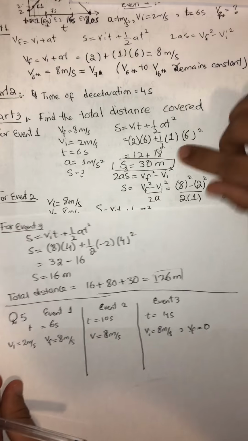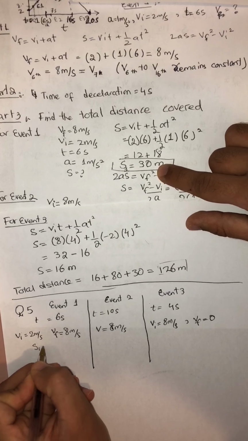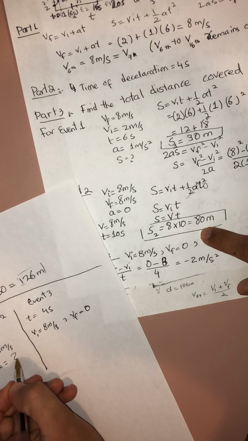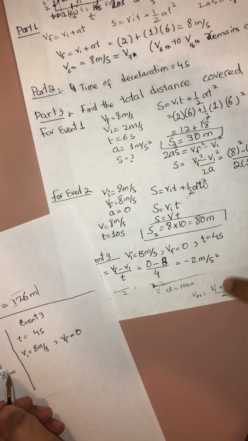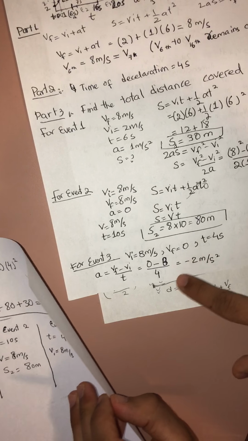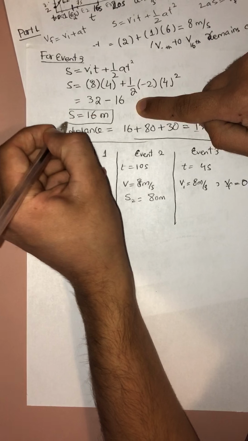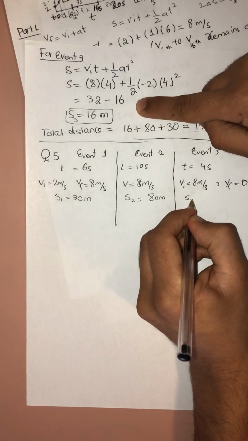The distance for the first event S1 is 30 meters. The distance for the second event is 80 meters, and the distance for the third event is 16 meters.